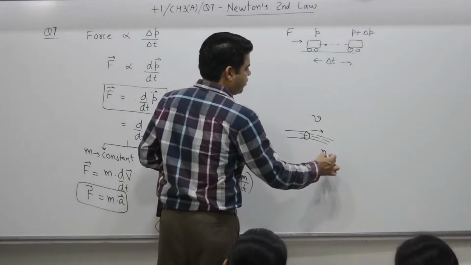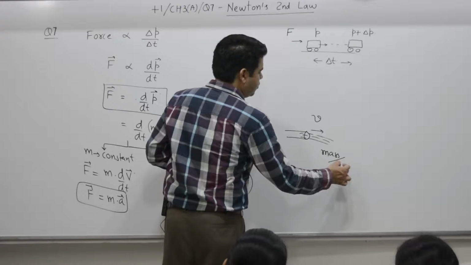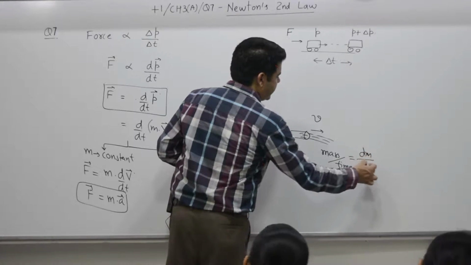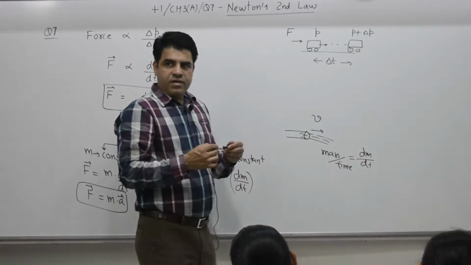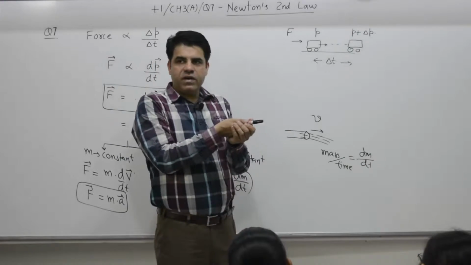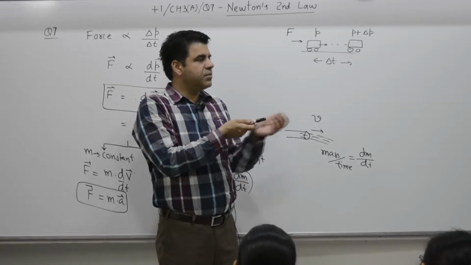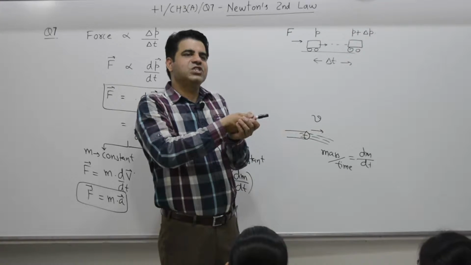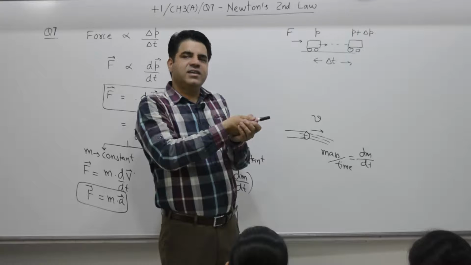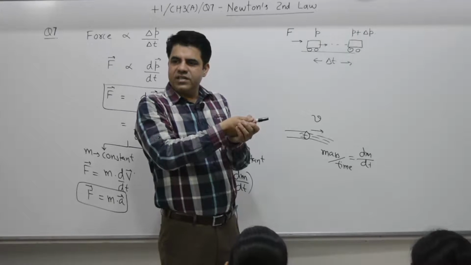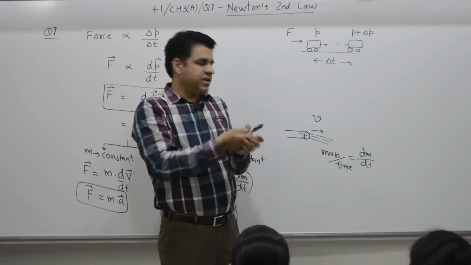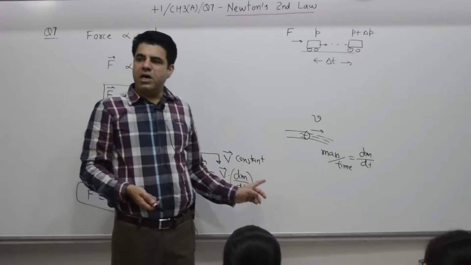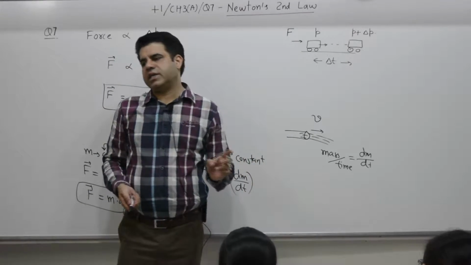Then you need to find the mass coming out per unit time, that is dm by dt. If you have a pipe with water coming out of it, you will have to apply force to keep it stationary. Agreed or not? How much force is required? Velocity into mass coming out per second.